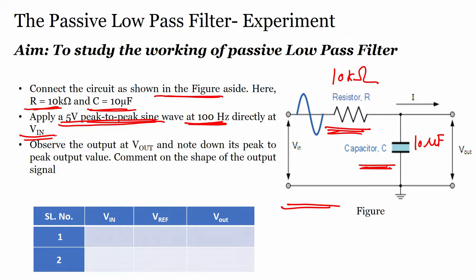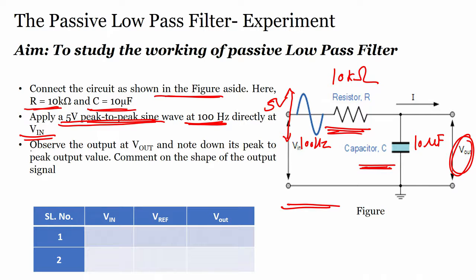This is my sine wave, I am applying 5 volts and the frequency is 100 hertz. If I apply a 5 volts peak to peak, 100 hertz sine wave to this circuit with R and C, what kind of voltage do I observe at the output?